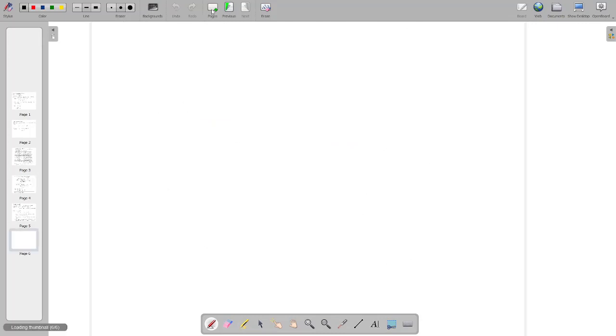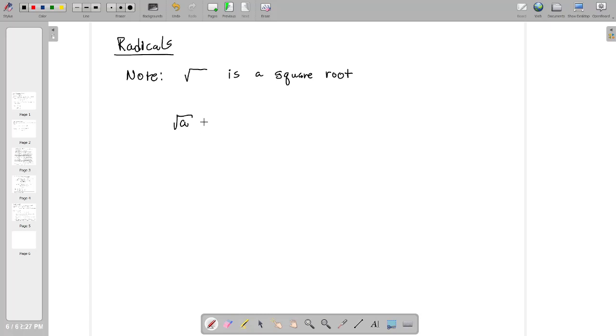Let's now talk about radicals. Note here, this is called the square root symbol. We say square root of a is equal to b if and only if b squared is equal to a, and b is greater than 0.